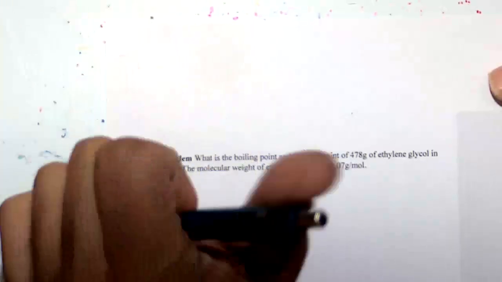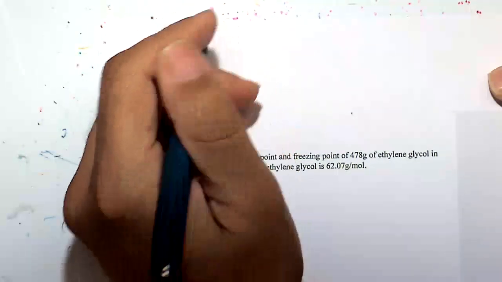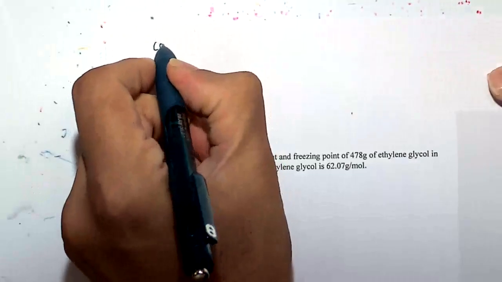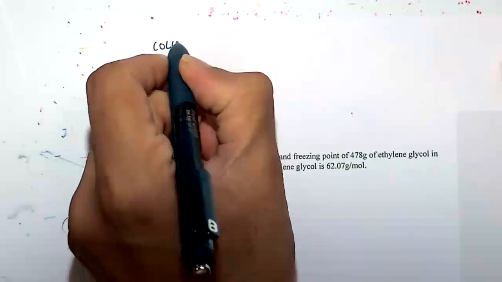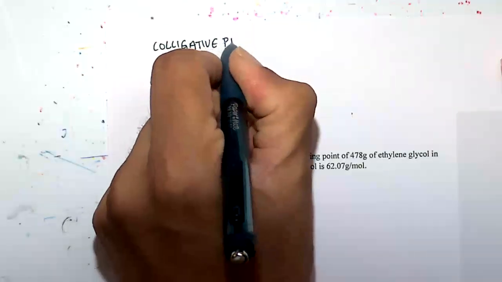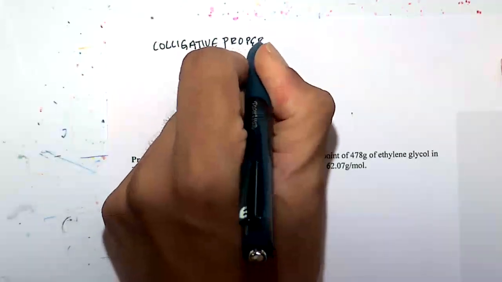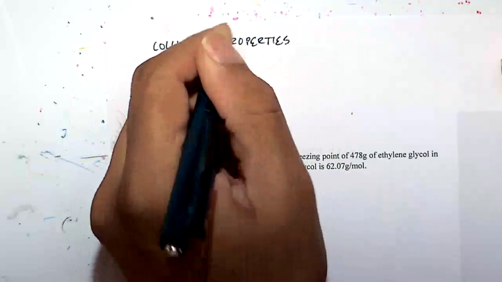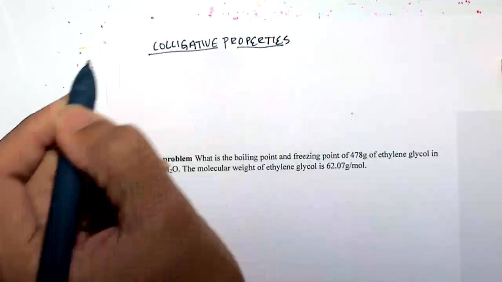All right, so let's get started here. We left off last week talking about colligative properties. Can anyone name some of the four colligative properties? Vapor pressure lowering. Very good. We did a problem last week on vapor pressure lowering.